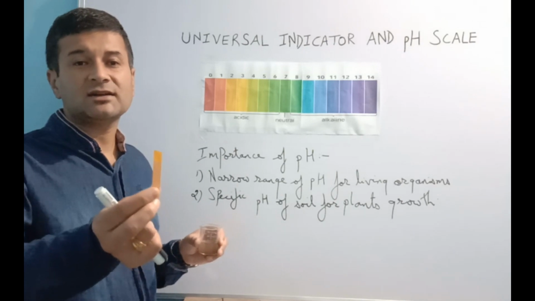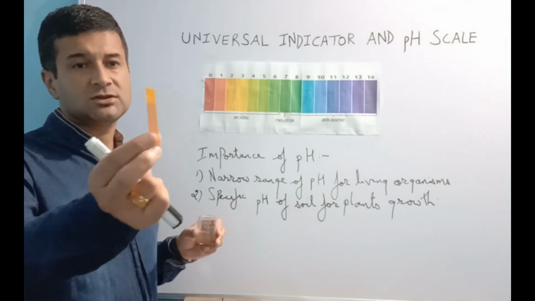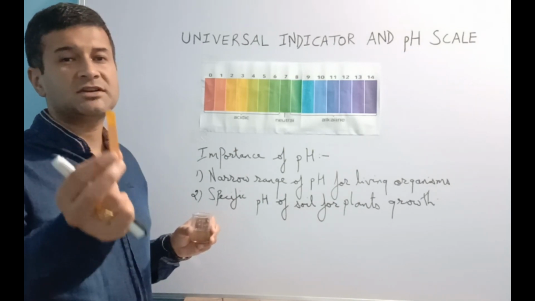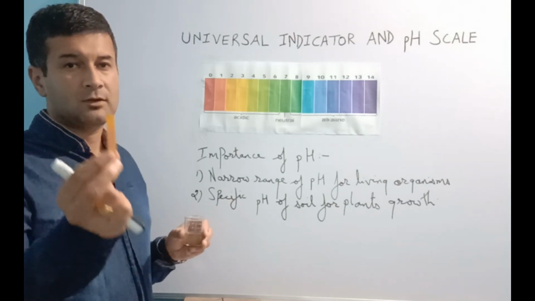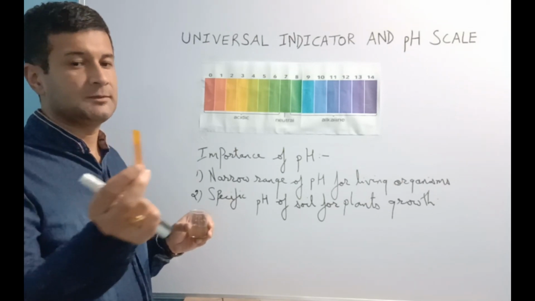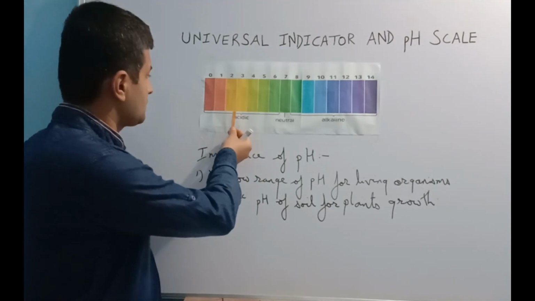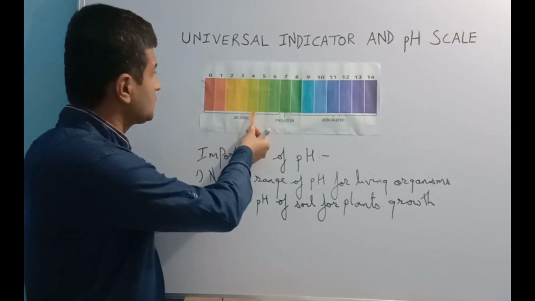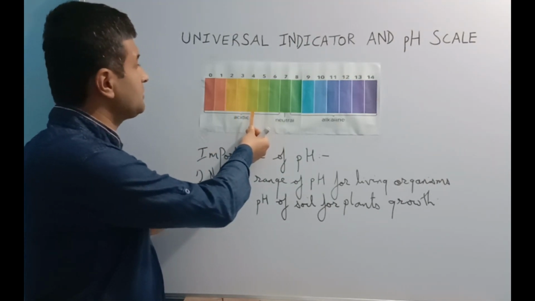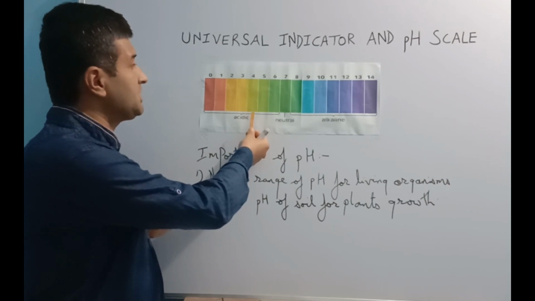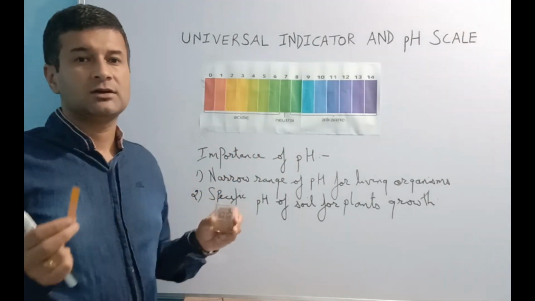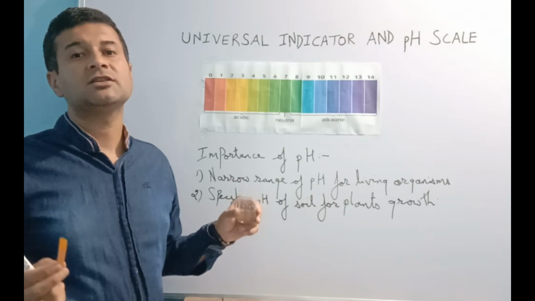Here you can see that it has turned yellowish green. Now let us try to match this color with the pH scale. So it is matching with pH 4 in the pH scale. That means this soil is acidic in nature.